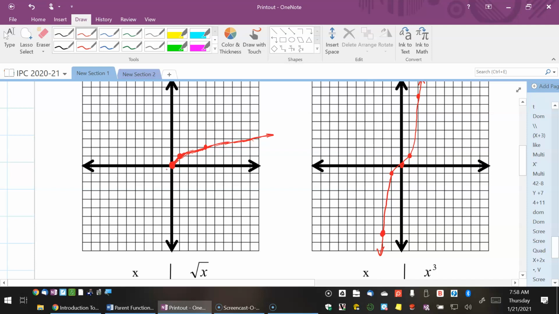What's the domain of this function? And note, this is different because the graph doesn't go on forever in one direction. It goes on forever in the other direction, but not in both.